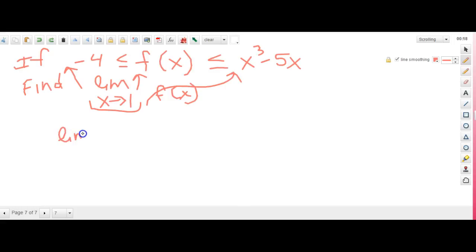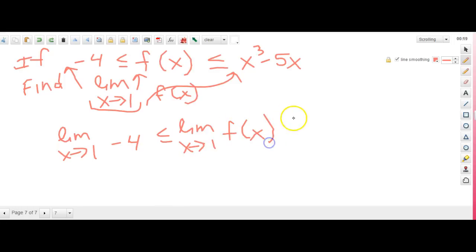So we have limit as x approaches 1 of -4 less than or equal to limit as x approaches 1 of f of x less than or equal to limit as x approaches 1 of x cubed minus 5x. The limit of a constant is just that, constant. There's nowhere to plug in the 1.